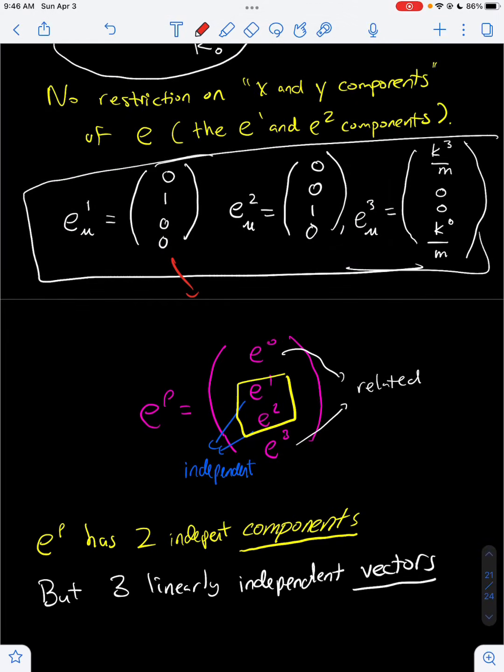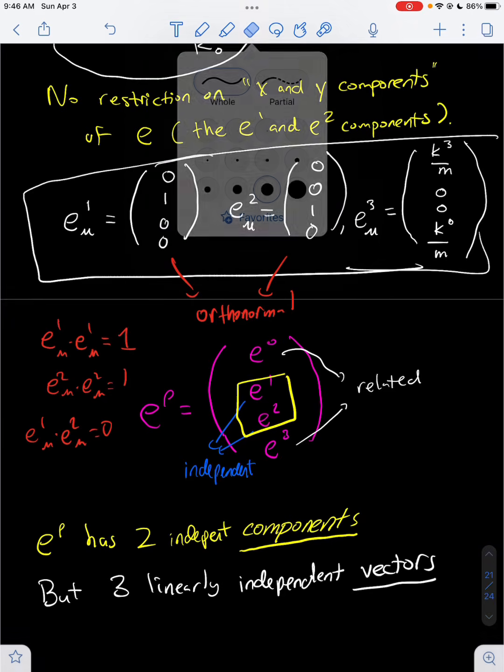these two vectors are orthonormal vectors, meaning that the dot product of E1 with itself is going to be equal to 1. Same thing with E2. However, the dot product of E1 with E2 is going to be 0.